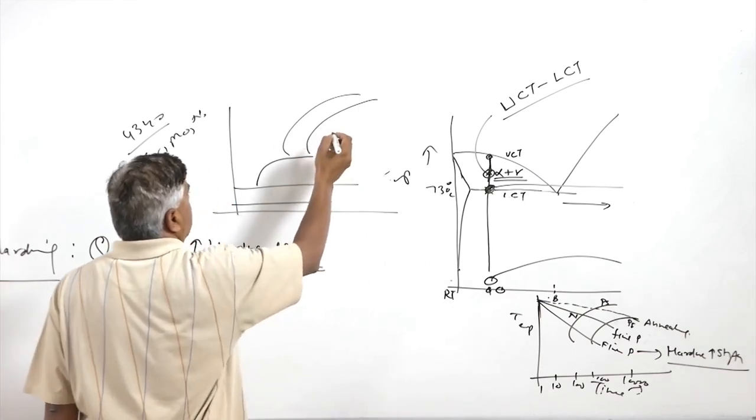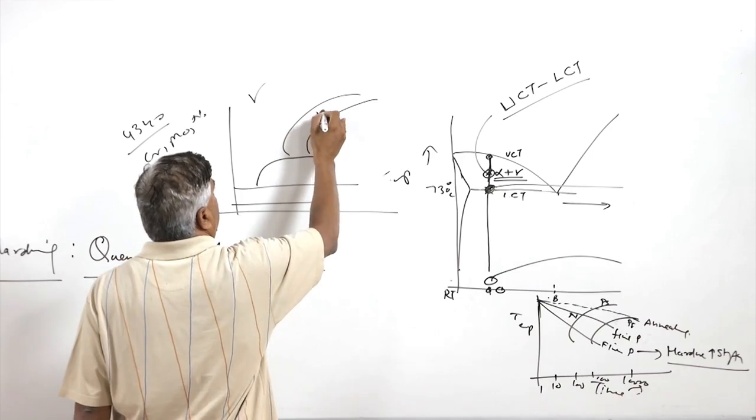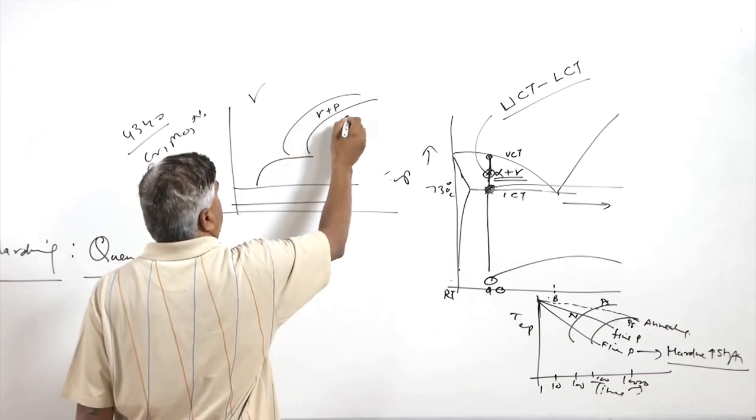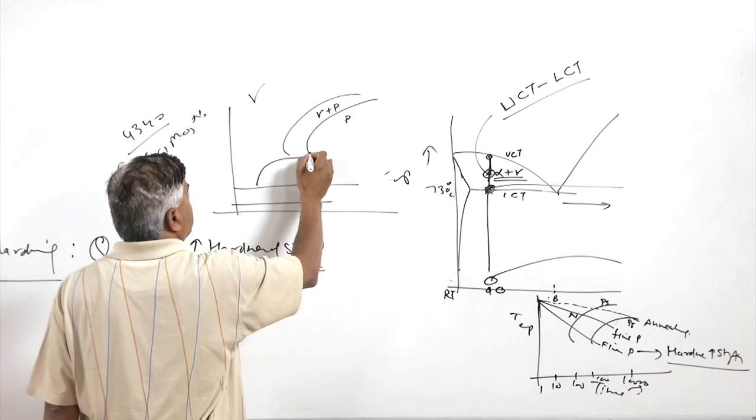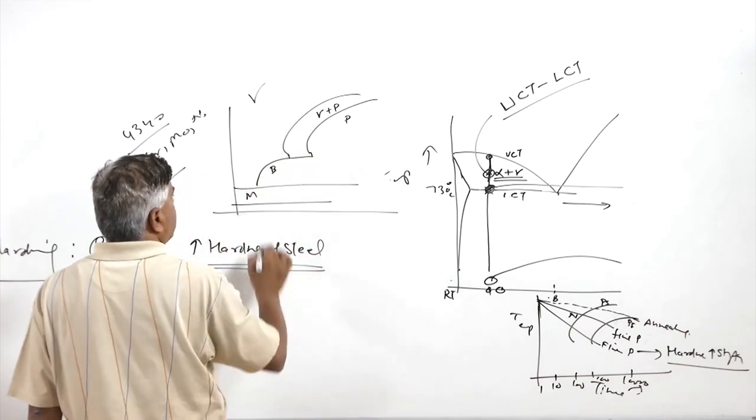These are the lines corresponding to the austenite. Here we have austenite plus pearlite, here pearlite, and this is where we have bainite, this is martensite.